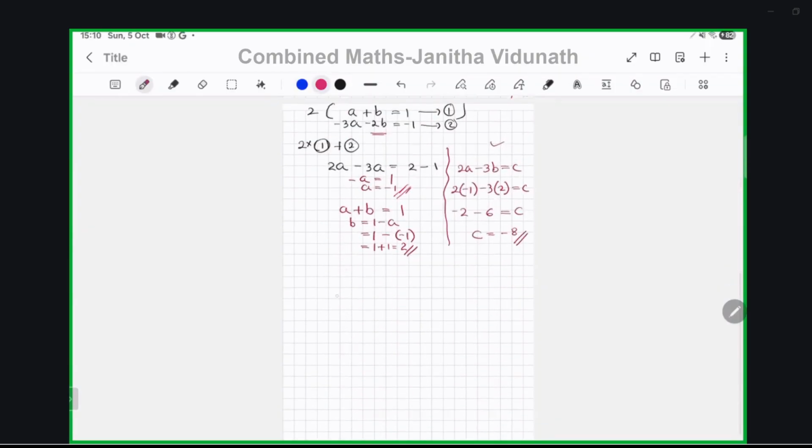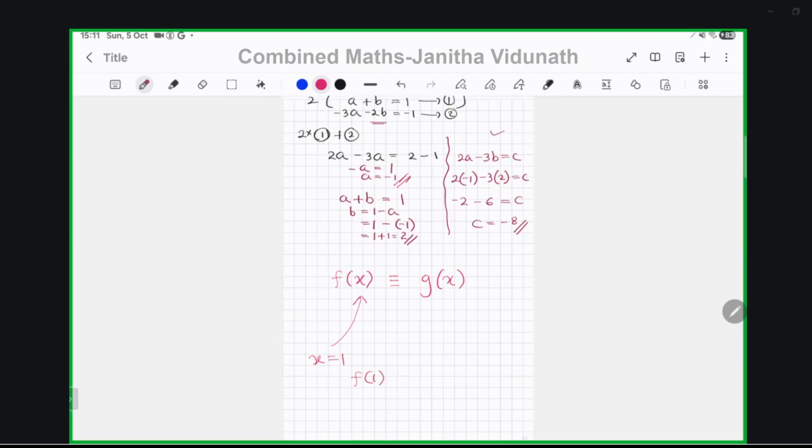In the previous day, if f(x) is a polynomial and g(x) is also a polynomial, and the two polynomials are identical, we said that if we plug a value for this variable, let's say x equal 1, then we have a value for f(x) as f(1).